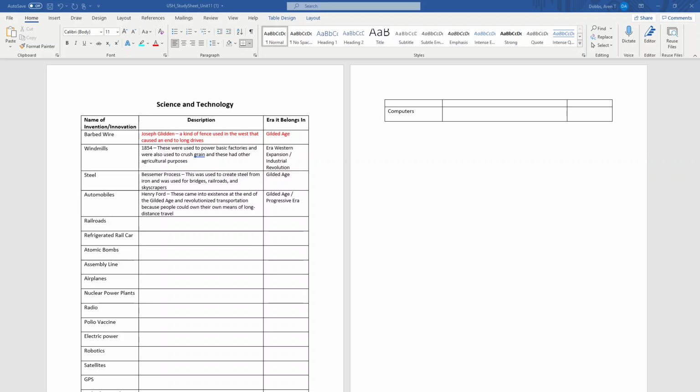This created what we called the national market system, where goods could be transferred across the entire country. So this is the era of Western expansion.